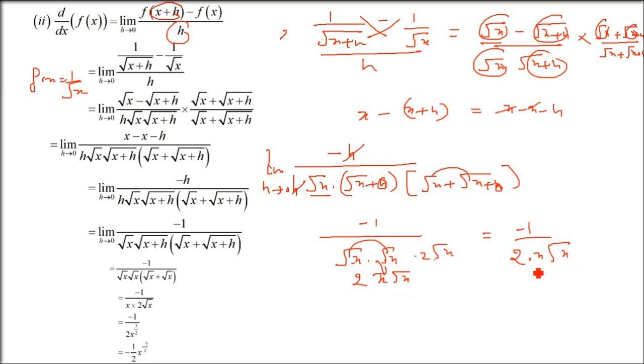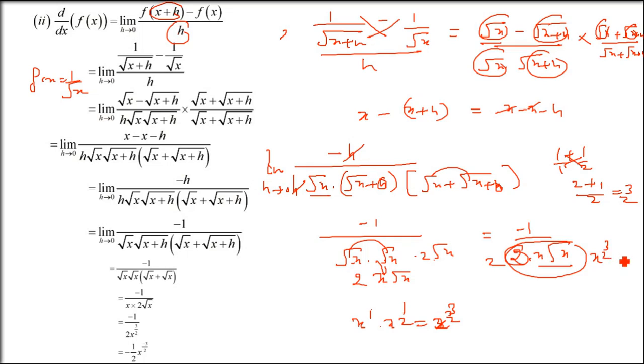What is this x root x? Now you can change it also. This is x raised 1, this is x raised 1 by 2. The power adds: 1 plus half is 3 by 2. So it will become x raised 3 by 2. When you take it up from the denominator to the numerator, it will be x raised minus 3 by 2. So you get minus half x raised minus 3 by 2.